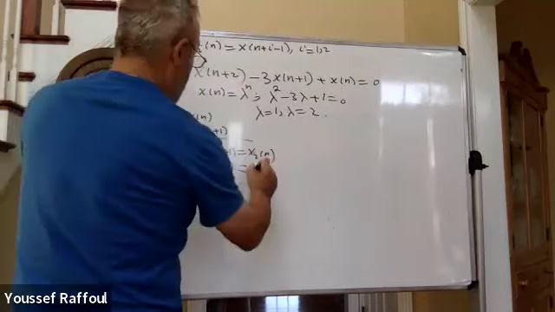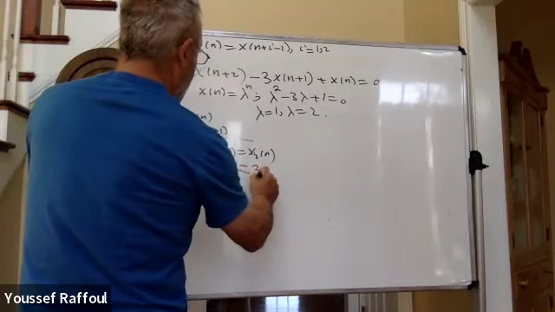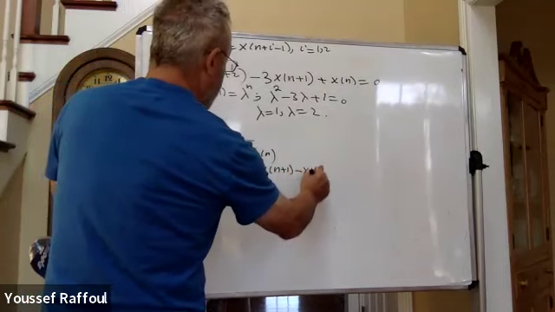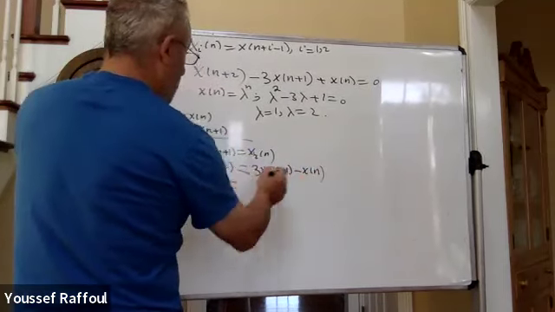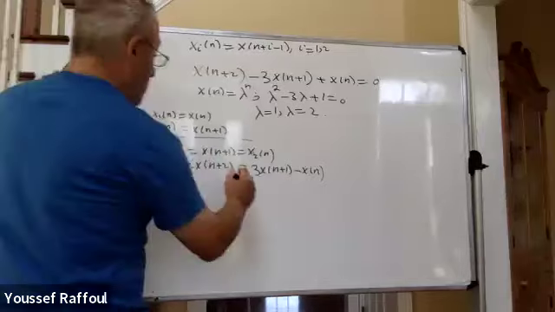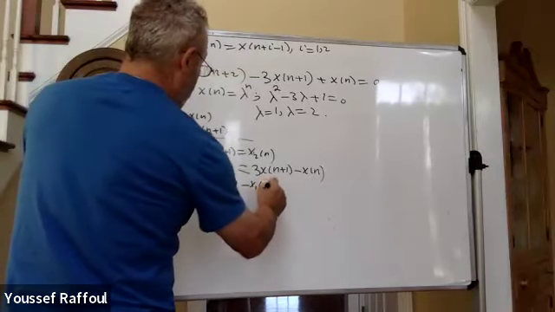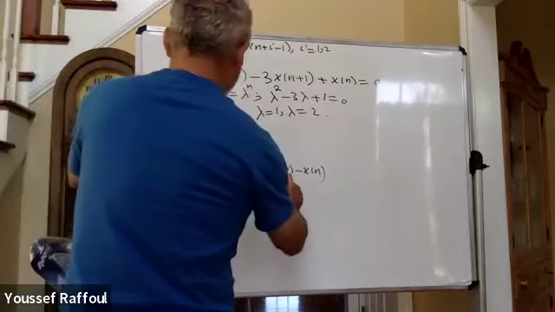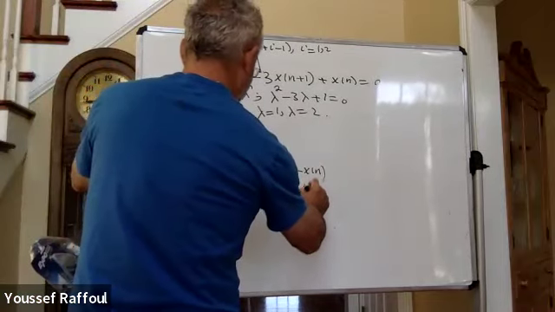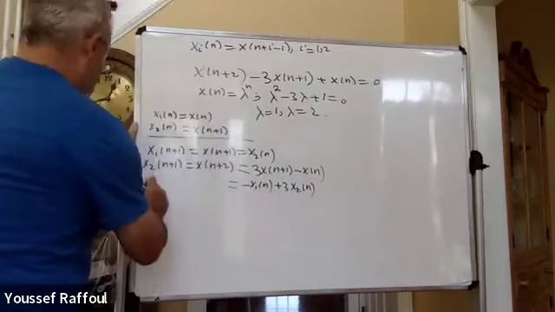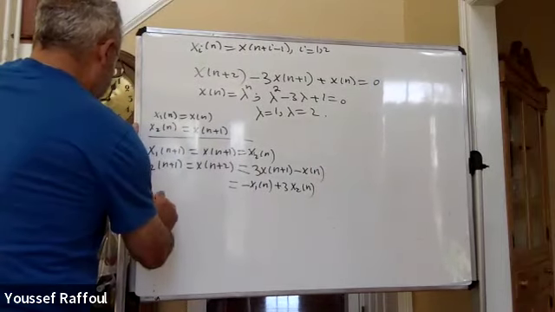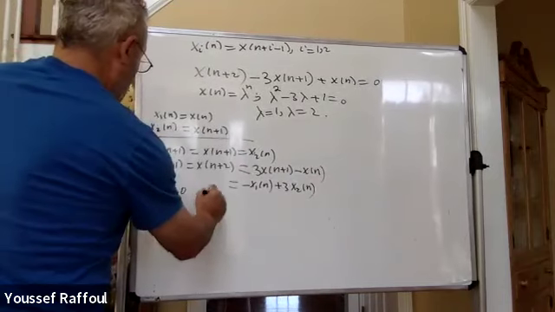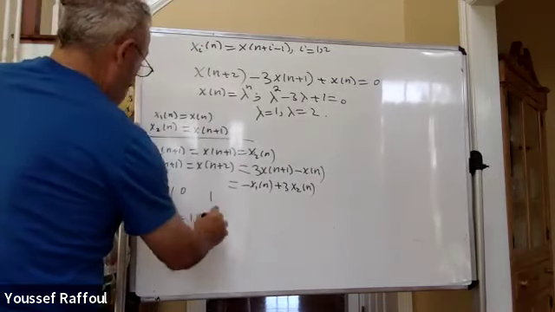From here, that will be 3 x of n plus 1 minus x of n, and that is minus x1 of n plus 3 x2 of n. So the matrix A is 0, 1, minus 1, 3.